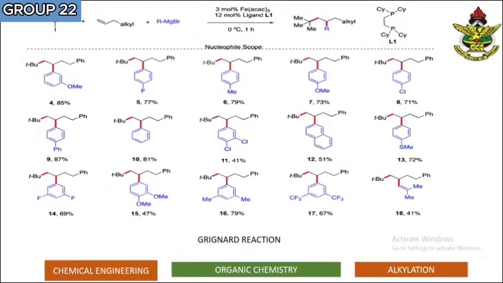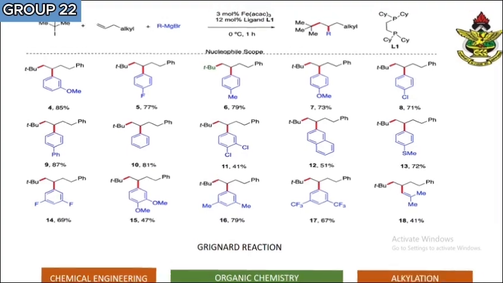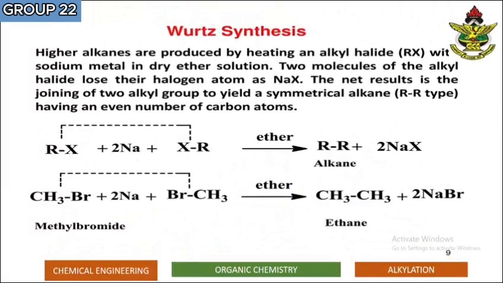And this is a diagram of some of the products formed from the Grignard reaction. Also, with the Wurtz reaction, as I explained earlier, we can see in the second example that two alkyl halides are being treated with sodium metal to form an alkane, which in this case is ethane.